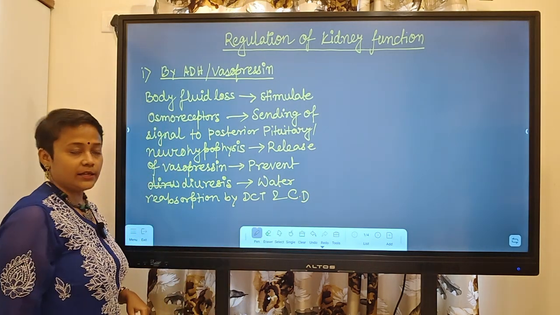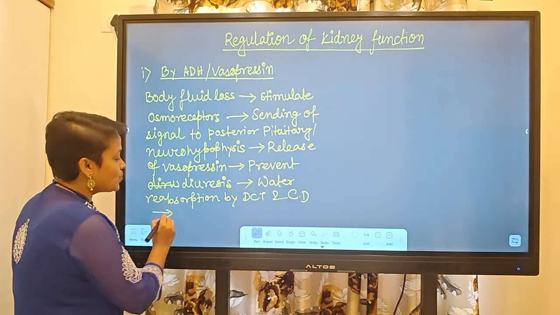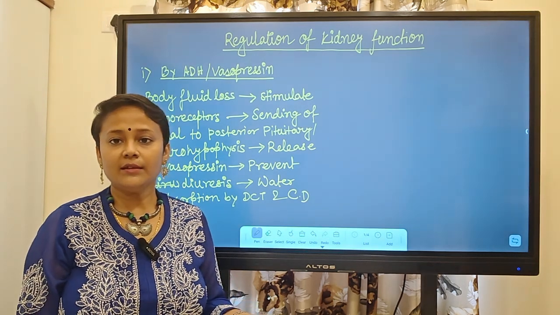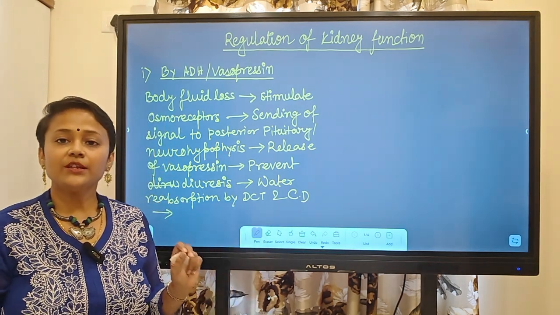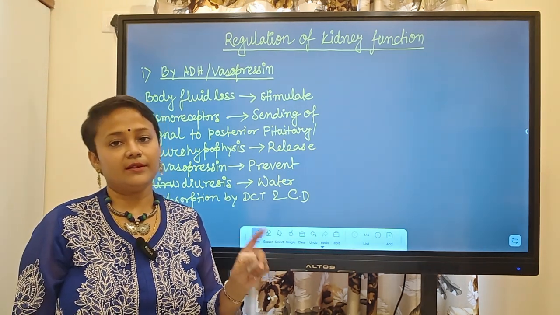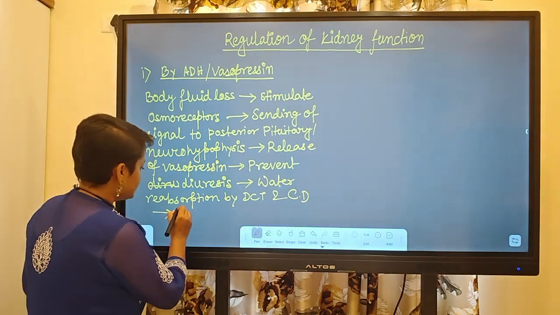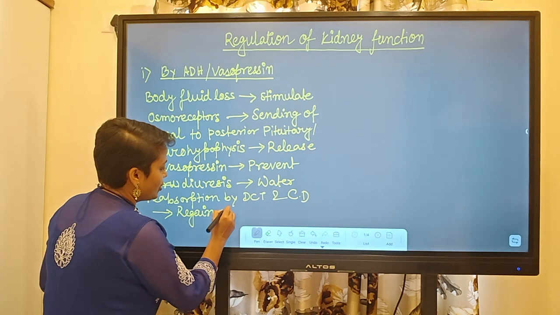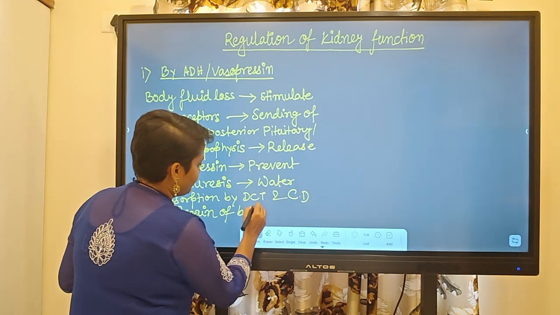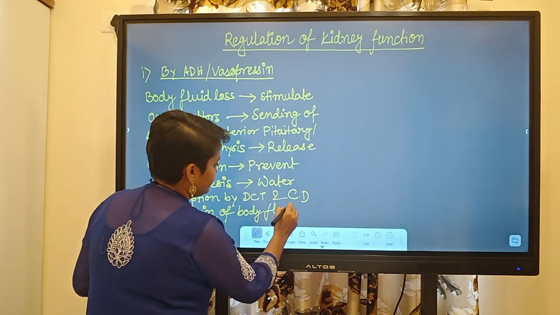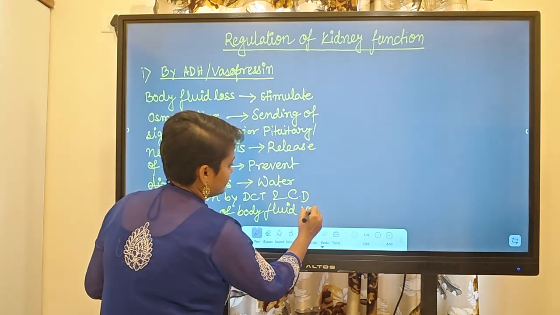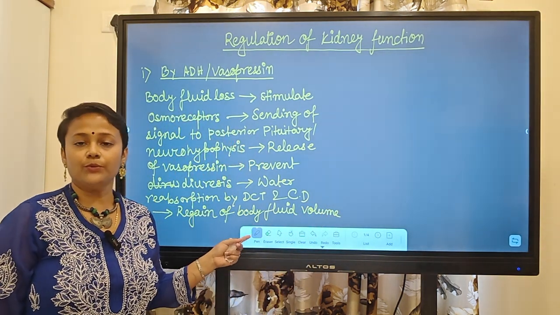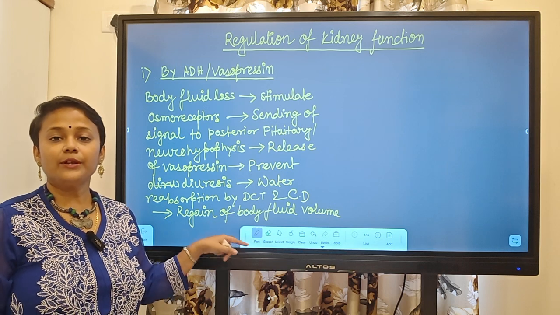CD means collecting duct. If there is water reabsorption, the fluid volume will be regained and there will be replenishment of fluid in the body. And when body fluid volume is regained, there is a negative feedback loop.